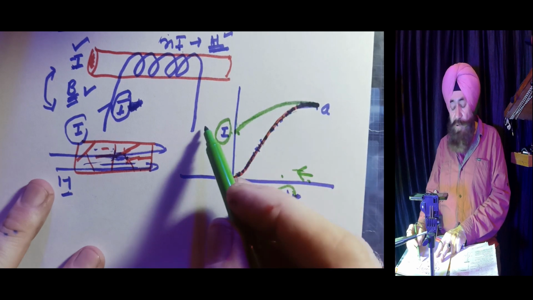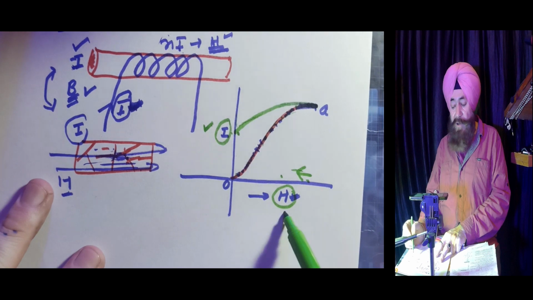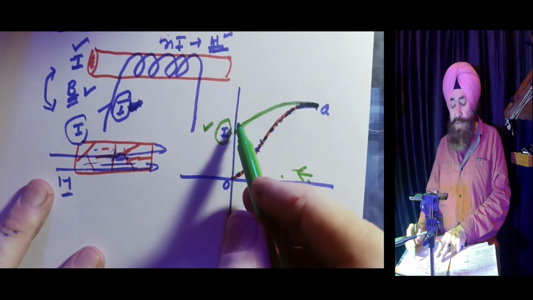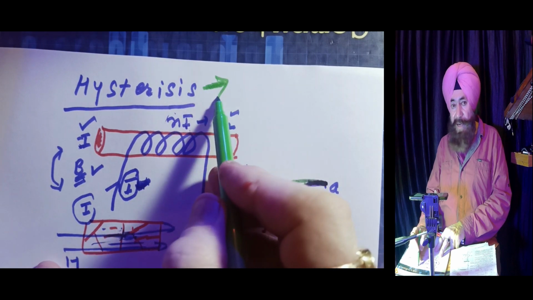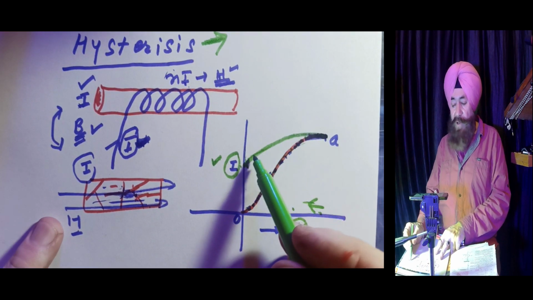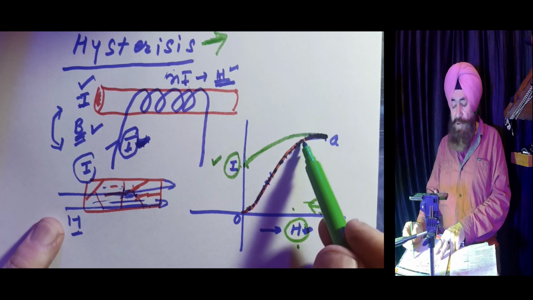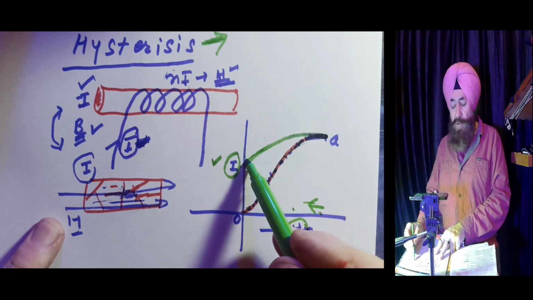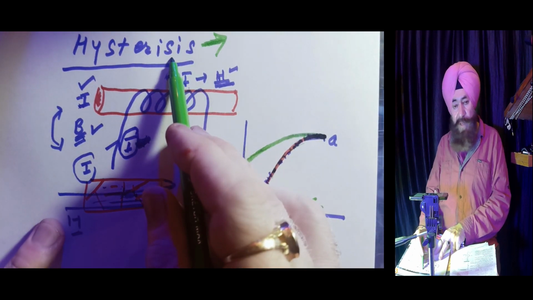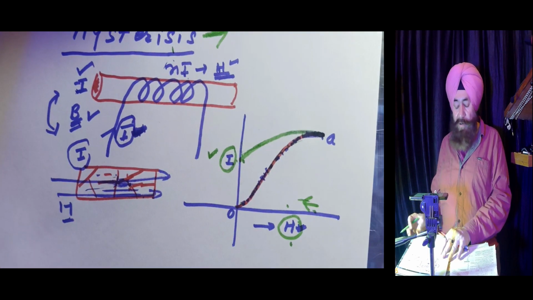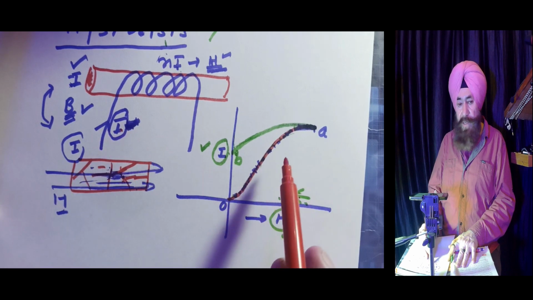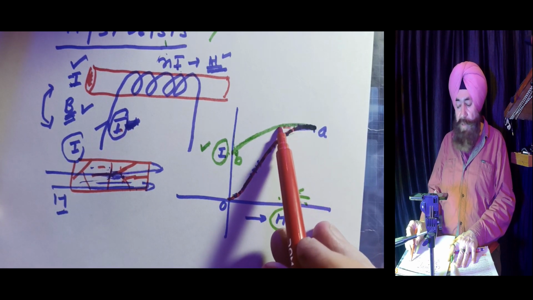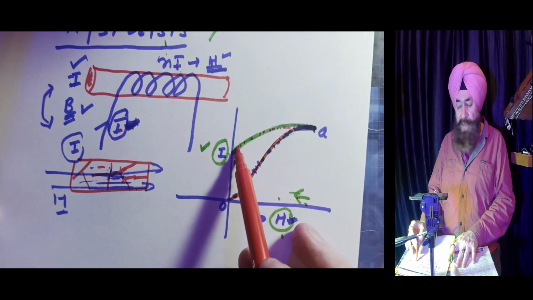There is a slow decrease in I with respect to H. So that's the meaning of hysteresis. Hysteresis means coming late. It is not coming fast like it was going. It is coming slow. And look, when I was decreasing, the graph retraces its path like this.